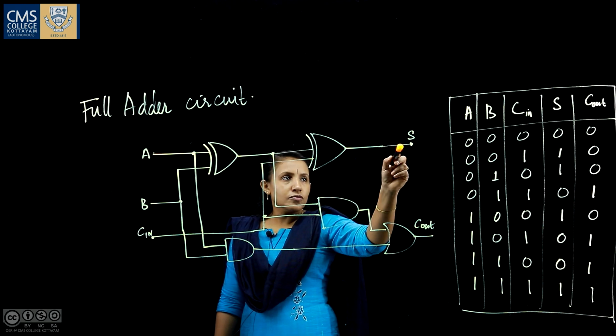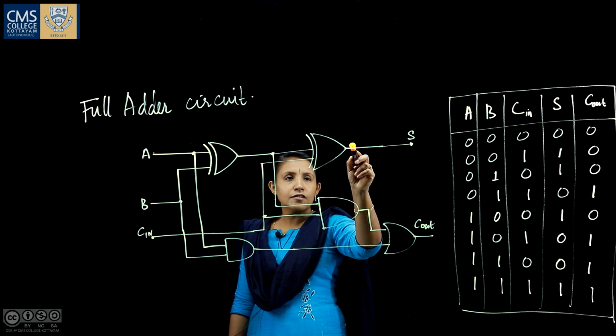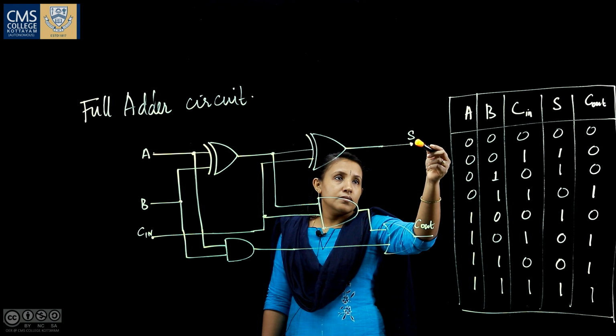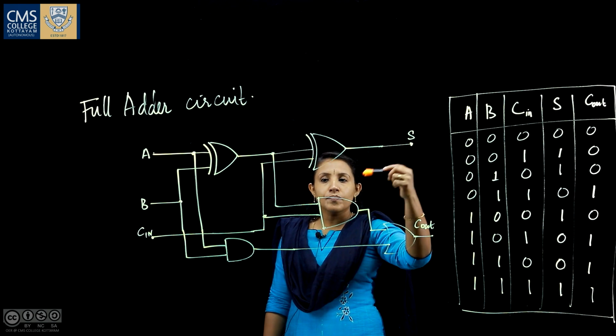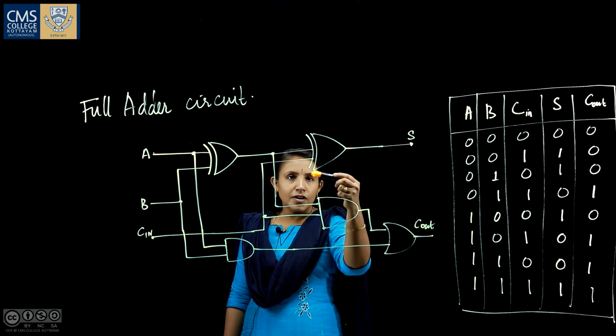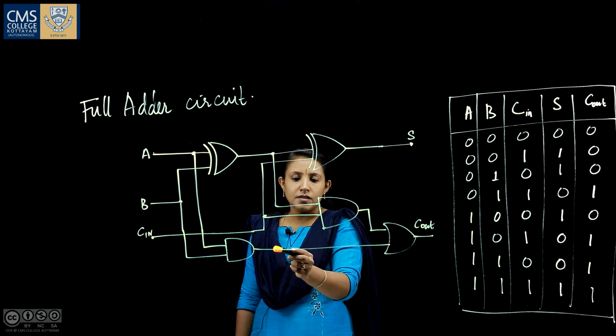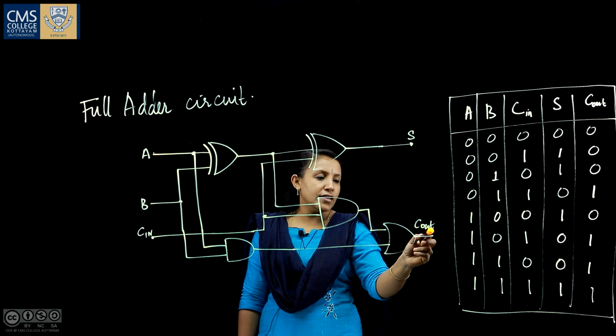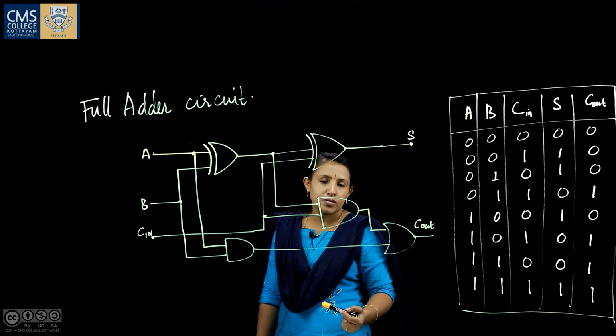The second half adder adds these two and gives the output as sum, and if there is a carry from either half adder, that will be ORed and you will get the carry out.